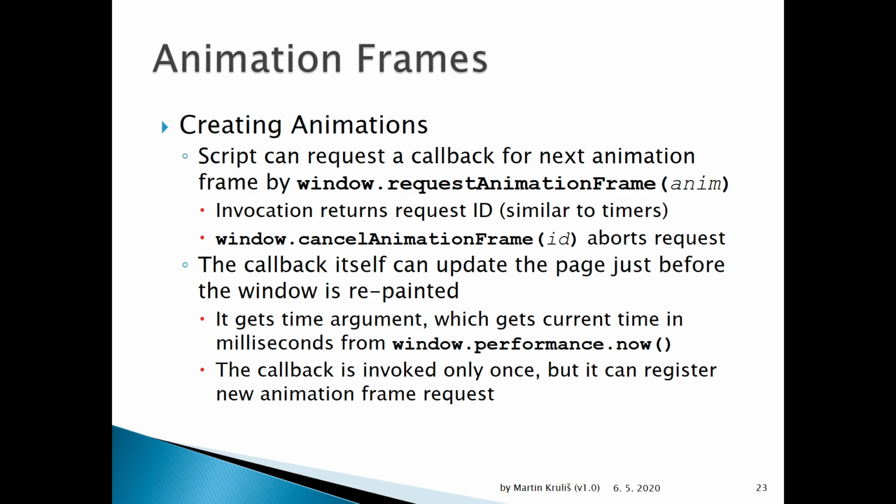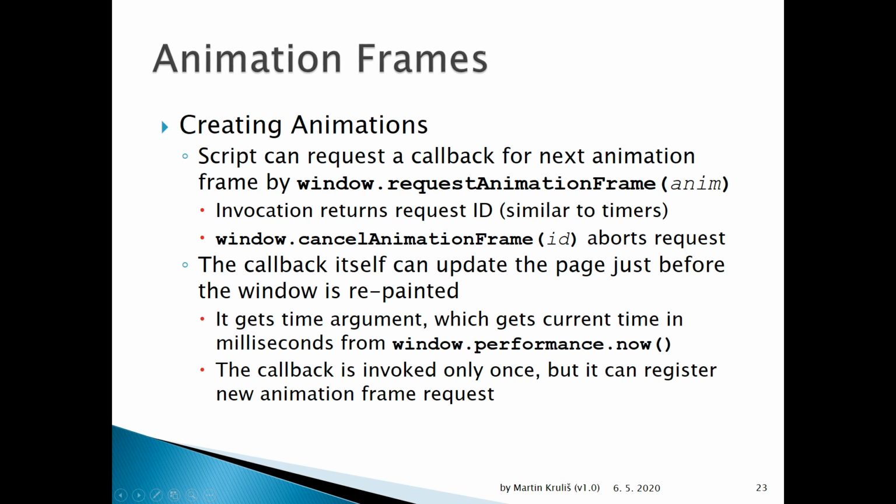In JavaScript, it's quite easy. We can request an animation frame, which is a request for a callback which is invoked immediately before the screen is re-rendered. So it's recommended that all the animation updates go to this callback.